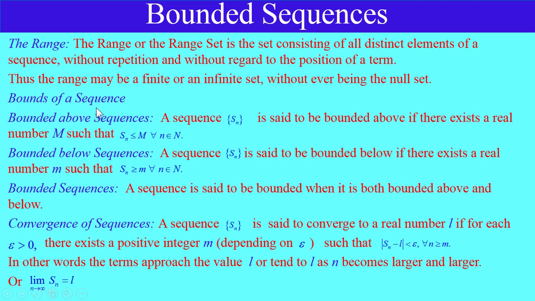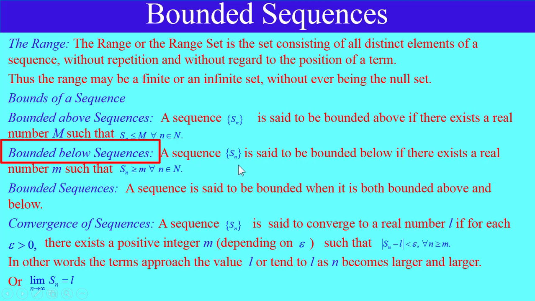Bounds of a sequence. Bounded above sequences. A sequence Sn is said to be bounded above if there exists a real number capital M such that Sn is less than or equal to M for all n belongs to N. Bounded below sequences.